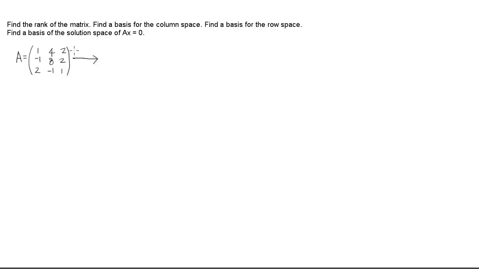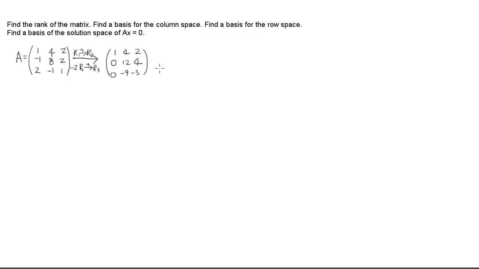So this is going to be R1 added to R2, and negative 2 R1 added to R3. Alright, and then this is what we have: 1, 4, 2, and then 0, 12, and 4, and 0, negative 9, and negative 3.